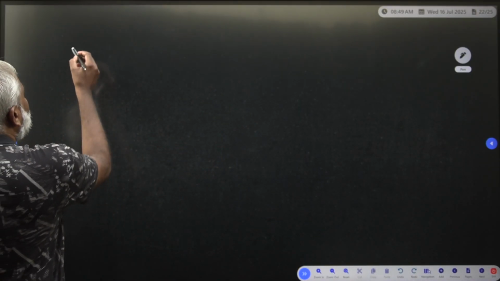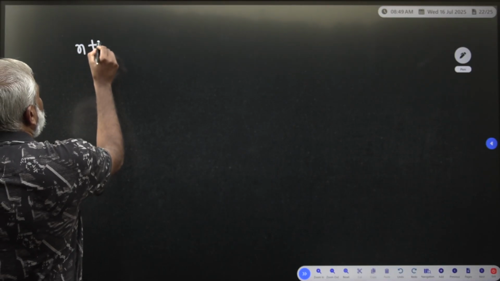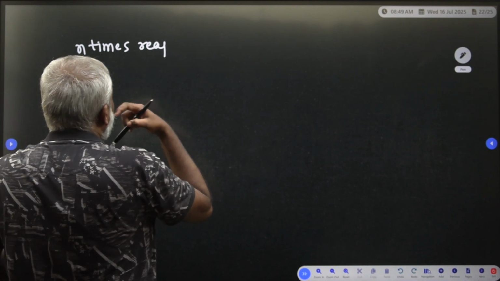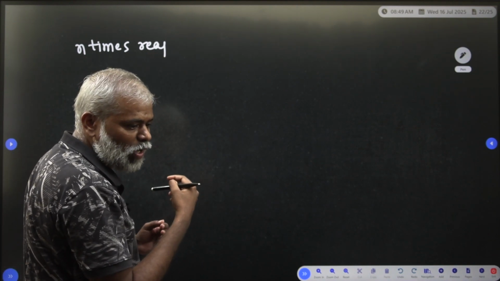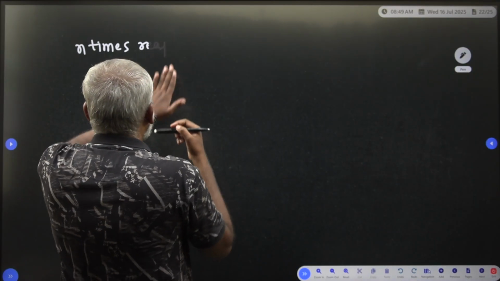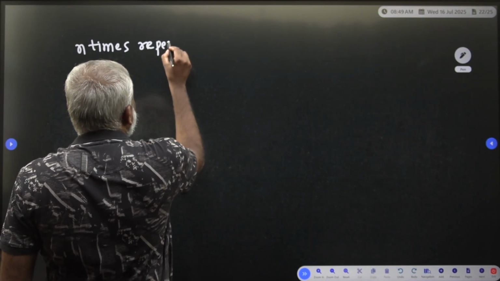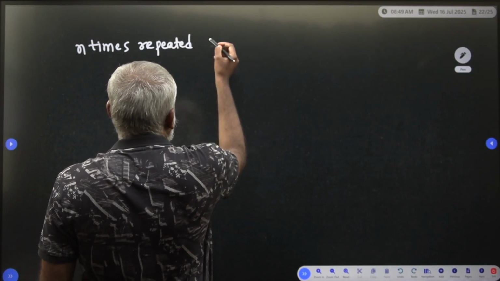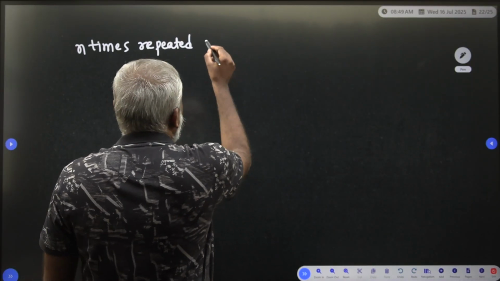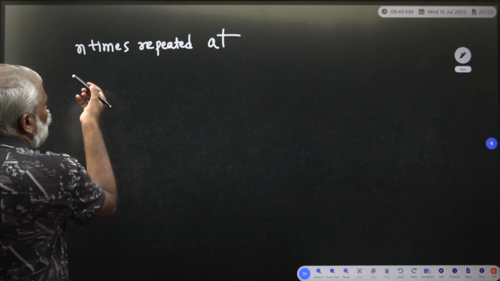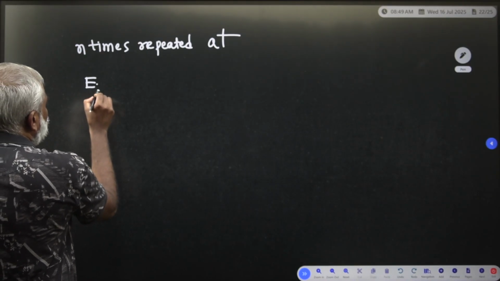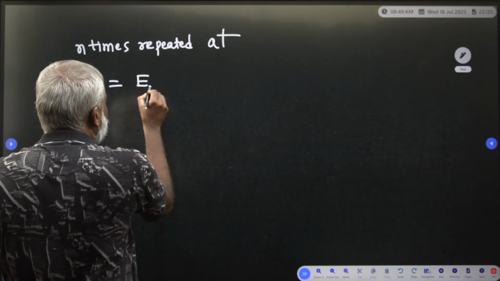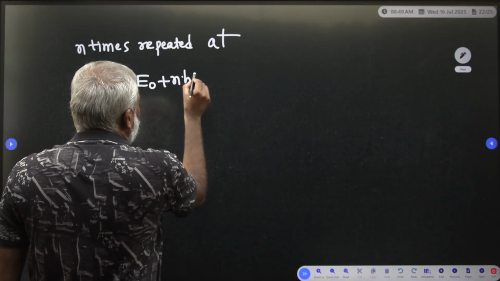When you repeat A dagger n times, you get En equal to E0, the ground state energy, plus n times H cut omega.